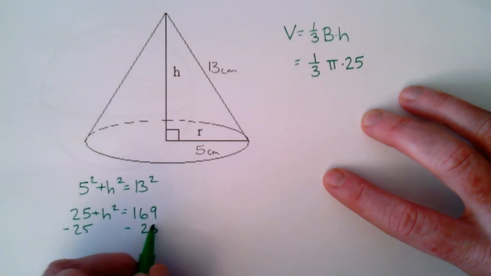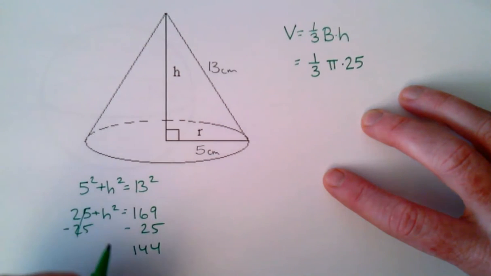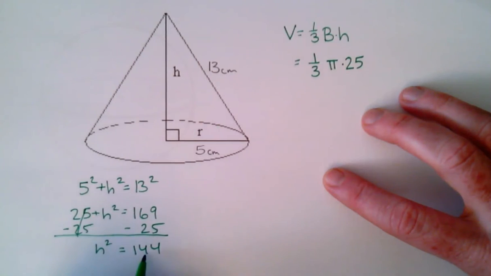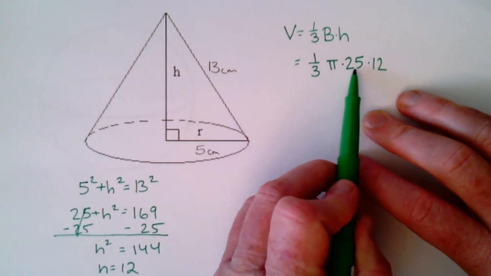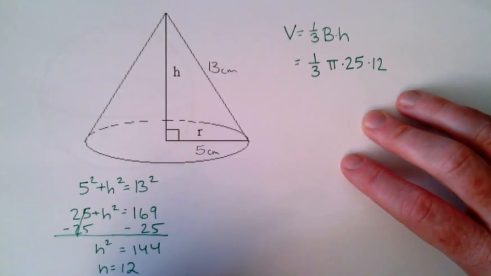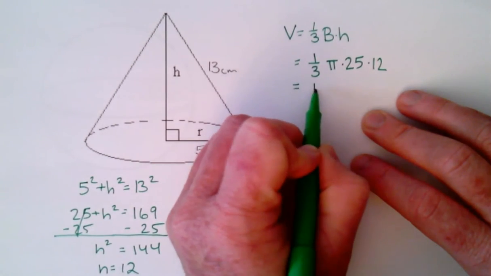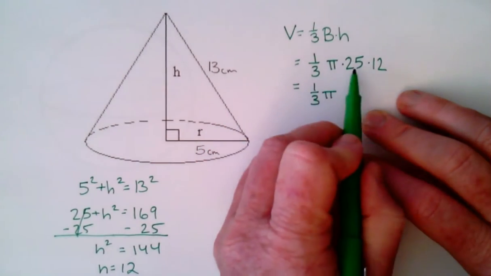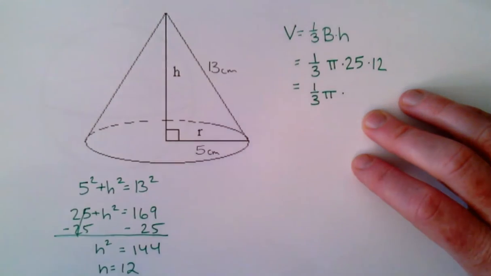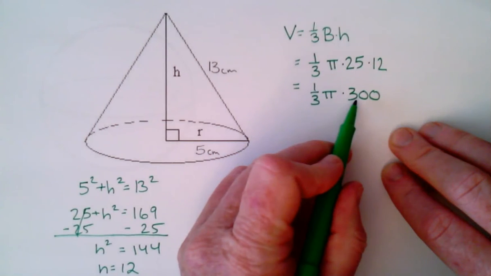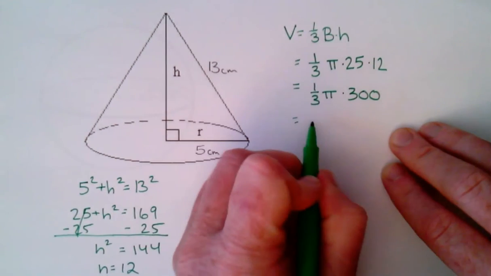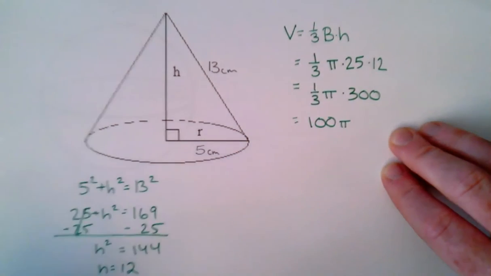Subtract. So we have h squared equals 144. The square root of 144 is 12. So my height is 12. Then 1/3 pi r squared, the area of the base, times the height. 1/3 times pi, 25 times 12, is going to give me 300. 1/3 times 300 is the same as 300 divided by 3, that's 100. 100 pi.